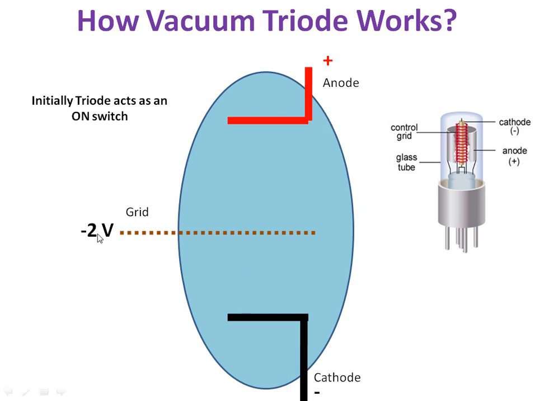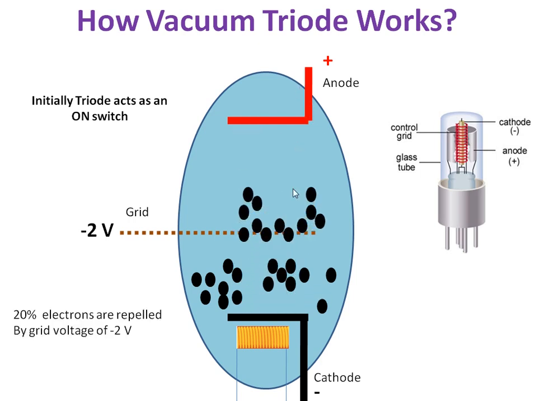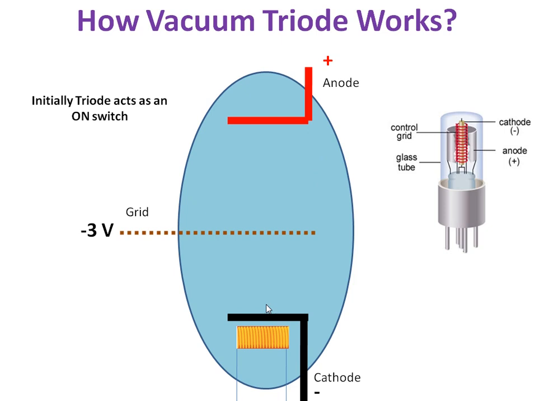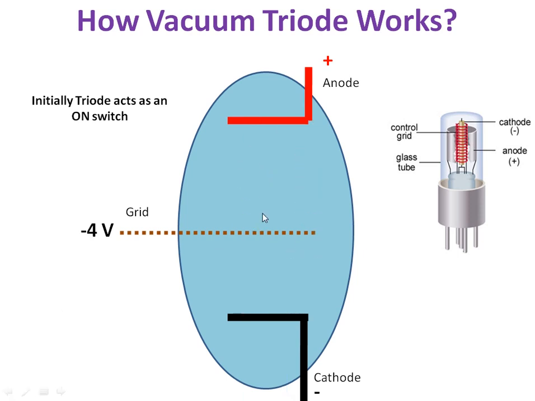Instead of -1 volt, if I apply -2 volt, what will happen? Here almost 20% of the electrons are repelled by the grid, and the remaining electrons are reaching the anode. If I apply -3 volt, 50% of the electrons are repelled by the grid, and the remaining electrons are reaching the anode.